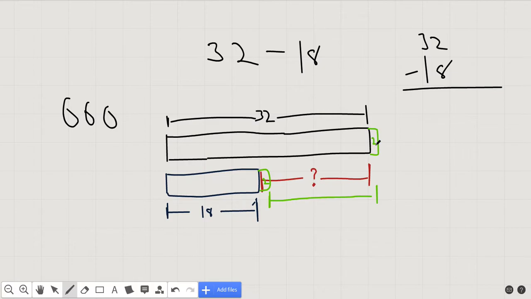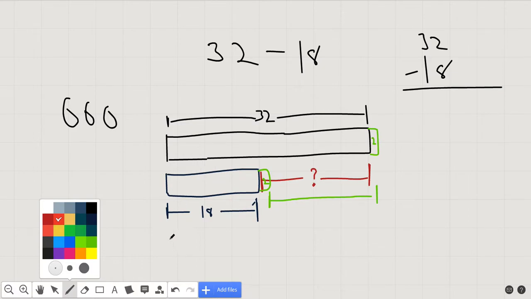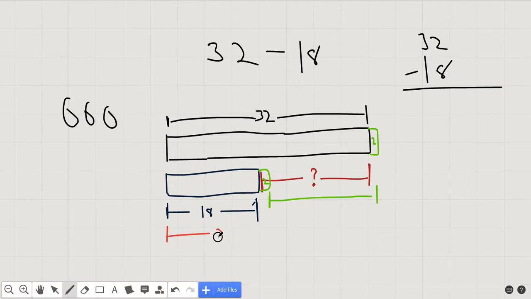But what this does is give us prettier numbers. So now instead of it being 32 subtract 18, from here to here becomes a 20, and from here to here becomes 34, because 32 plus 2 is easy and 18 plus 2 is easy.